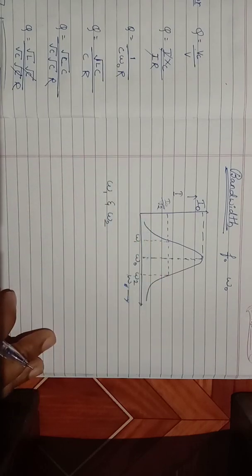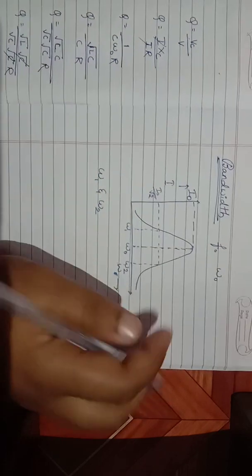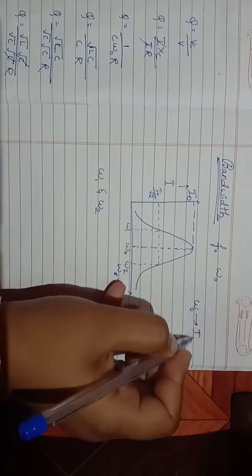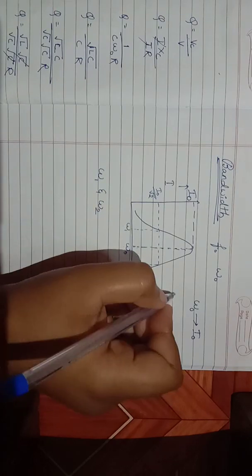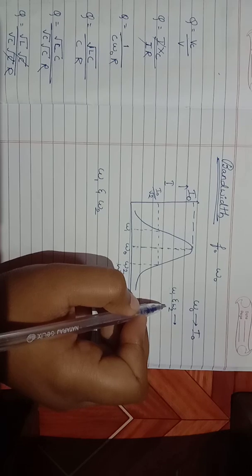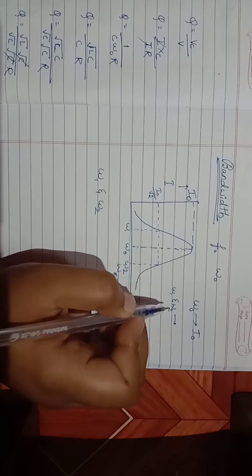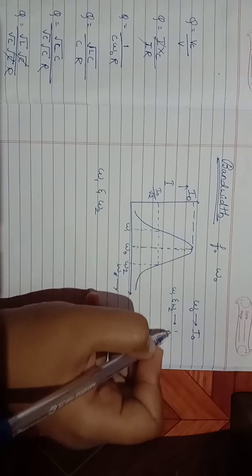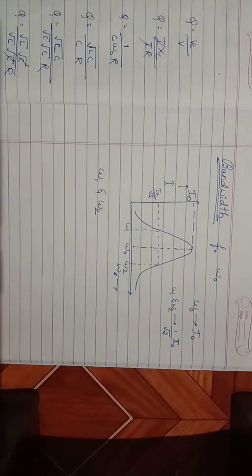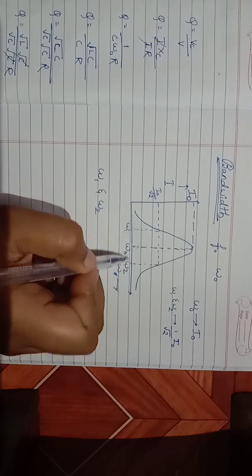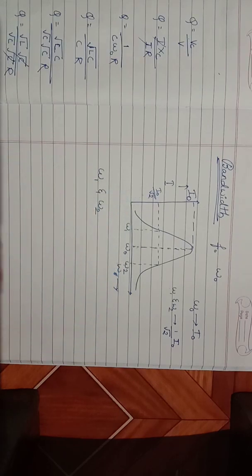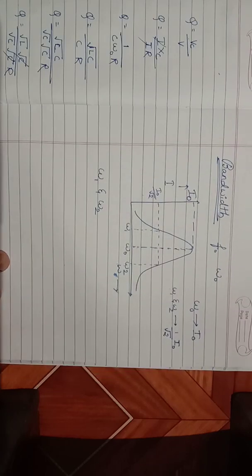Try to understand: at omega naught we are getting the current I naught, the maximum current, but at omega 1 and omega 2, below and above omega naught, we get 1 by root 2 times I naught. Understood about this graph?